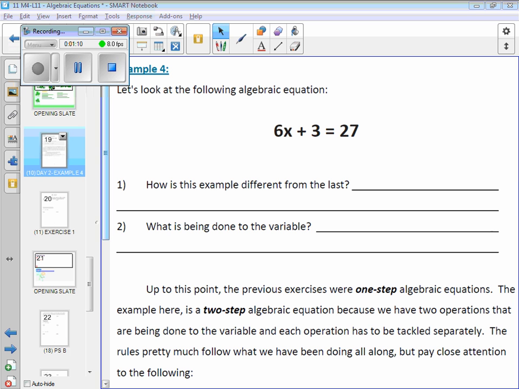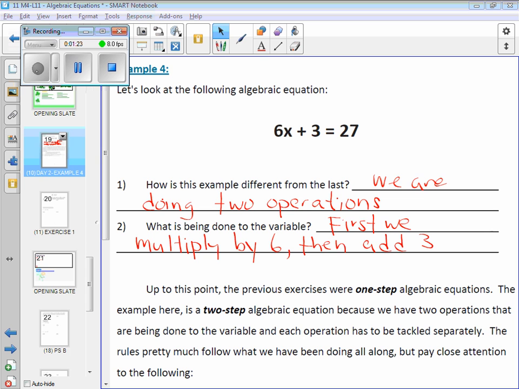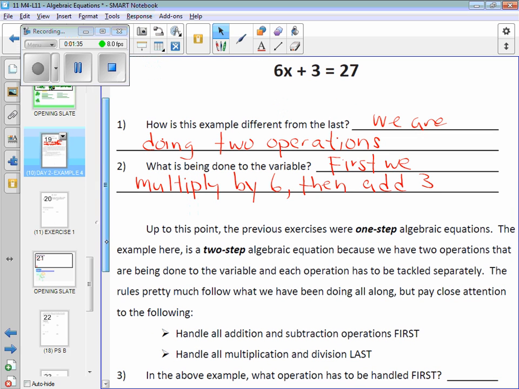All right, well, anyway, let's just jot out what we just talked about. It's different from the last because we're doing two things. Two operations. First, we multiply the variable by 6, and then we're adding 3. Scroll up just a little bit.